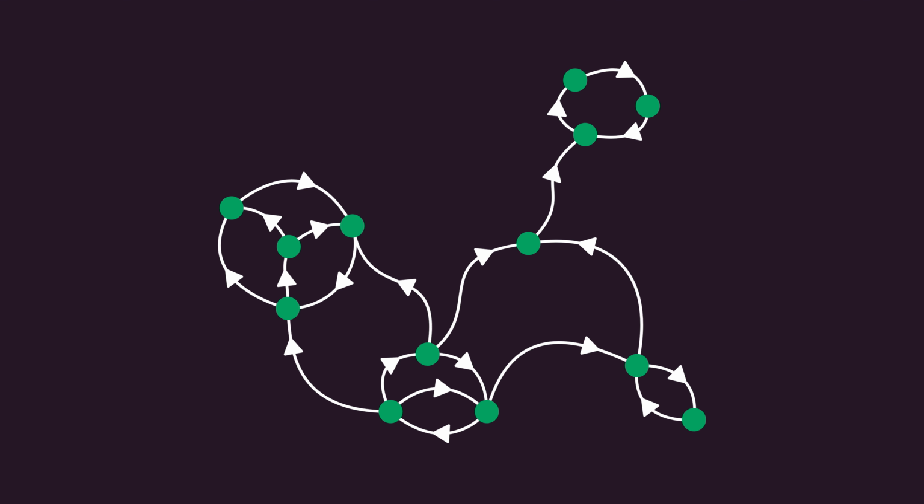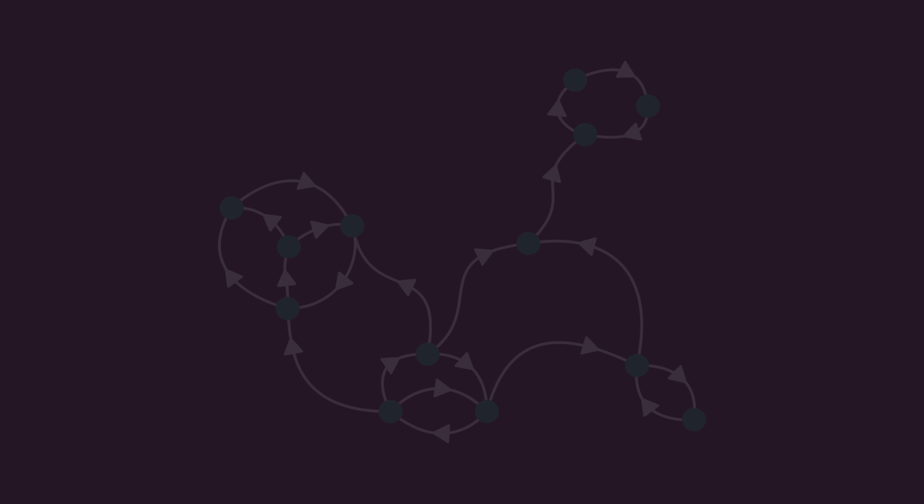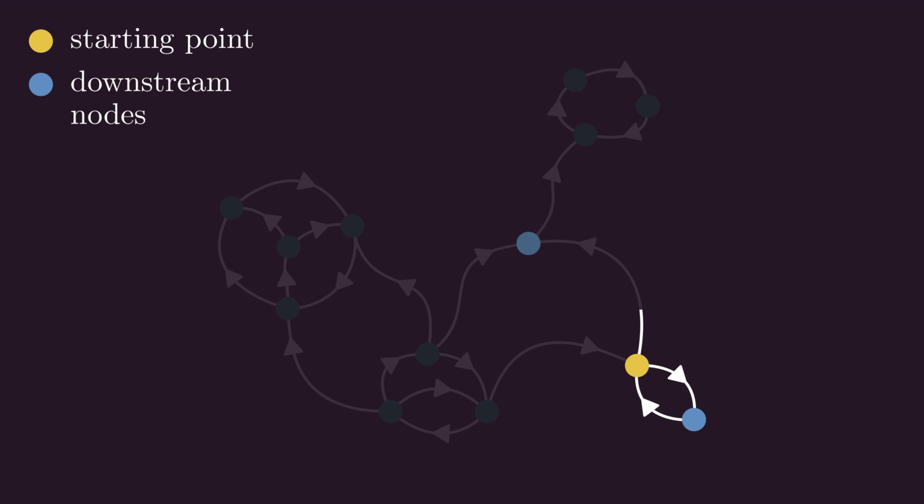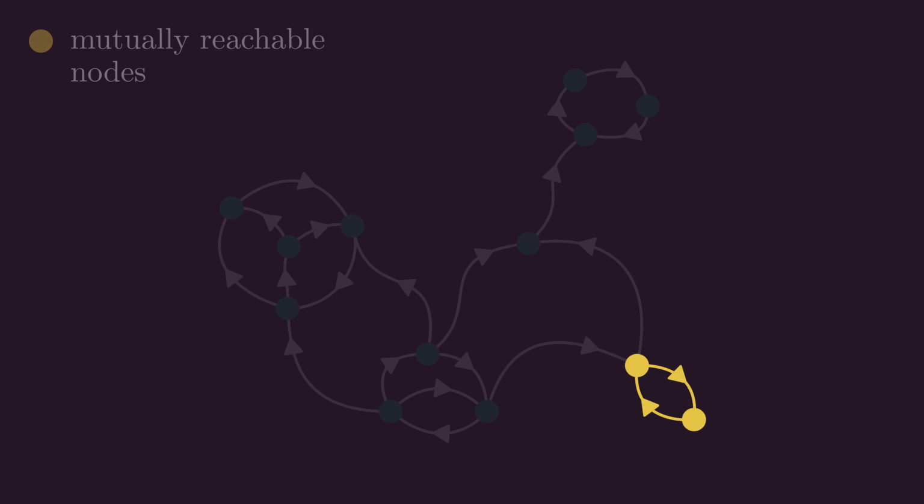How many nodes can be reached from a given node? Not necessarily all. Say, from the one at the bottom right, only a portion of the graph is accessible. However, the set of mutually reachable nodes is much smaller.